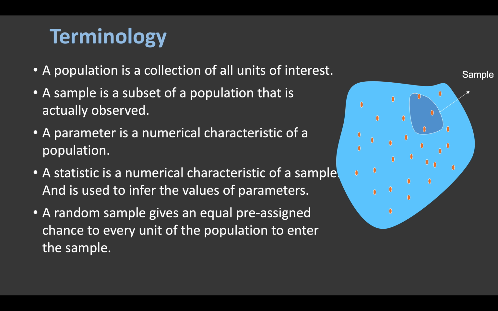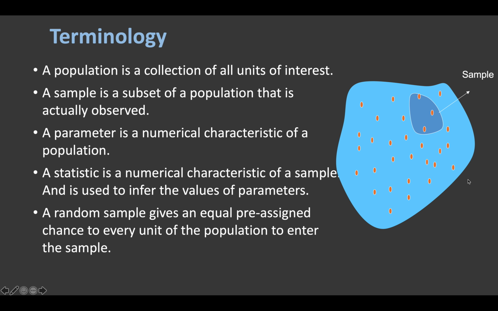Before we get into more of the content, let's make sure we understand some of the key terminology which are listed here. So the first one is population, right? A population is a collection of all units of interest.